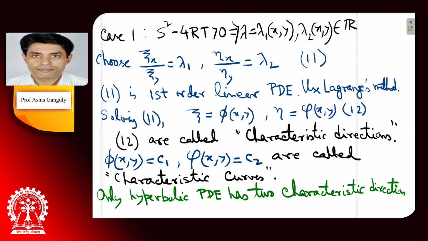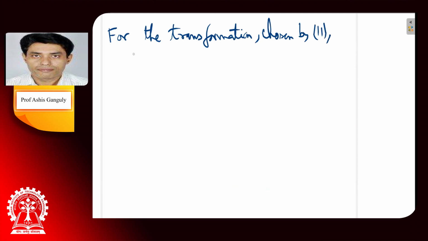So you see, because of this choice 11, both A's are 0. So if both A's are 0, what will happen? For the transformation chosen by 11, A xi_x xi_y is 0, A eta_x eta_y is 0.